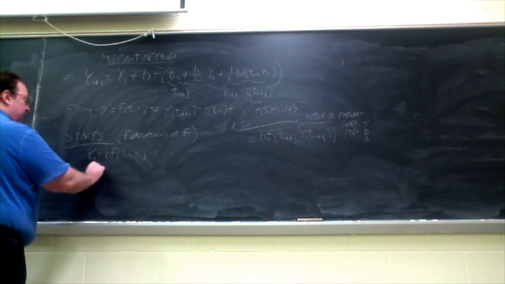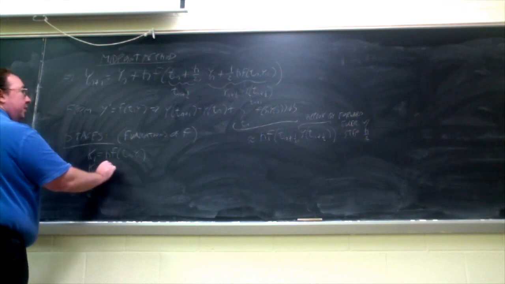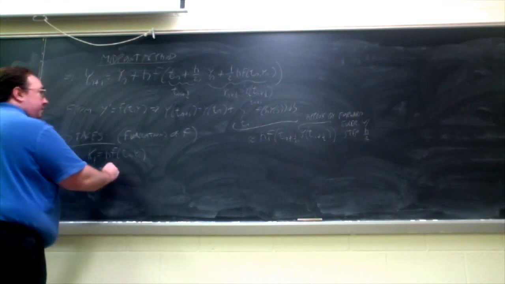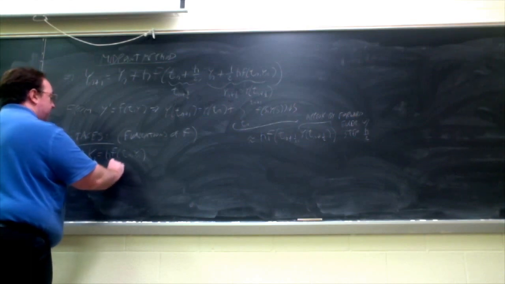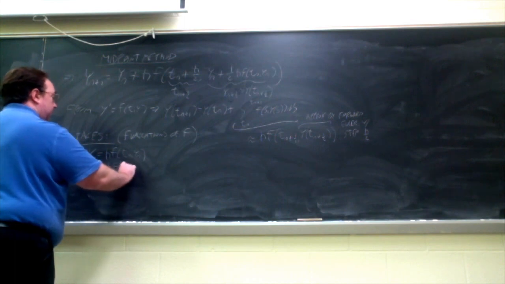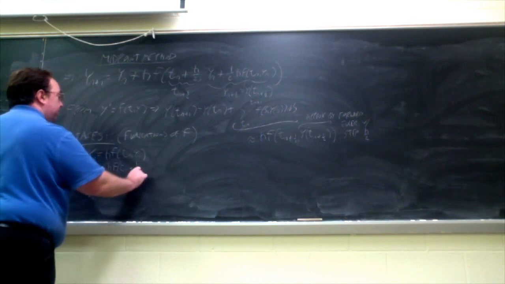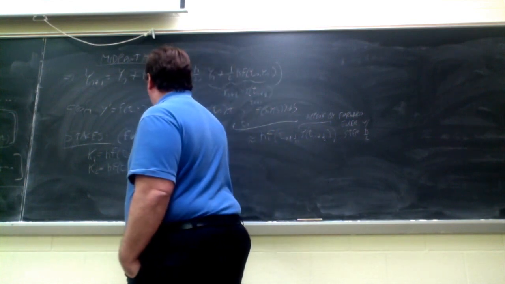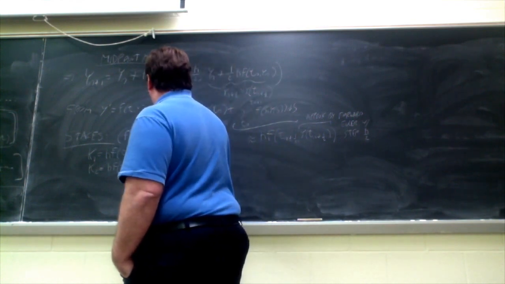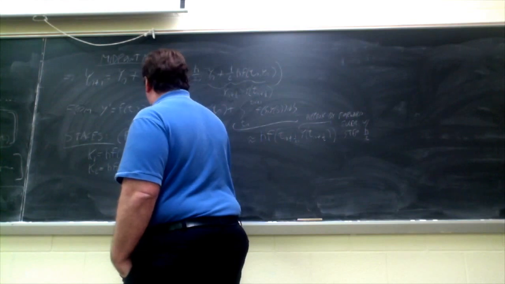And then K2 is equal to h f of tn plus h over 2, and then here I can write this as yn plus 1/2 K1.